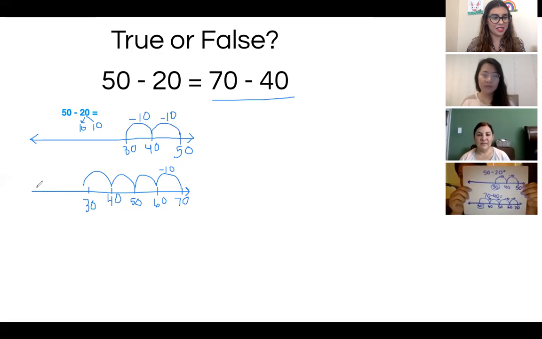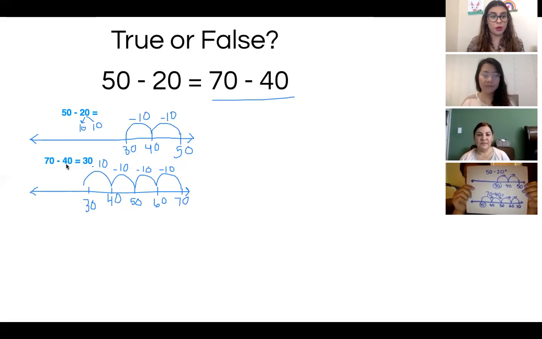I love how you clearly explain that, and I want to make sure that I am writing it exactly how you have it there so that we can show all of our friends what our expectation is when showing our work, our math work. So then you wrote the number sentence on top, 70 minus 40 equals 30.